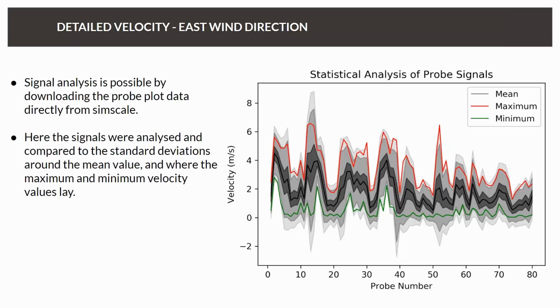But we've also plotted 3 deviations and 4 deviations, and what we can actually see is the maximum and the minimums tend to lie somewhere between 3 and 4 deviations, occasionally going between 1 and 3.